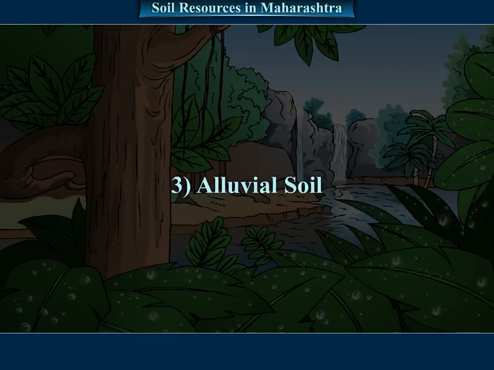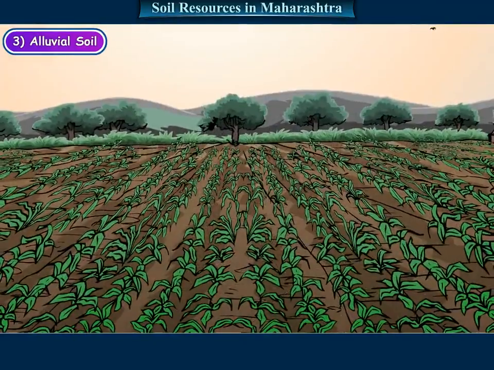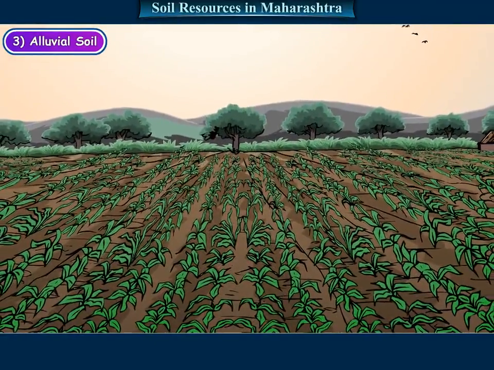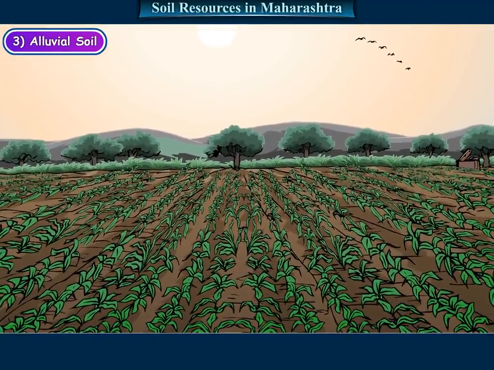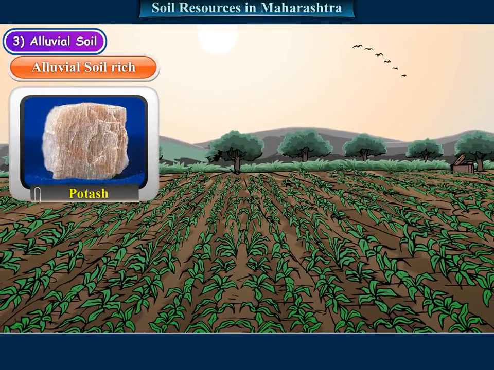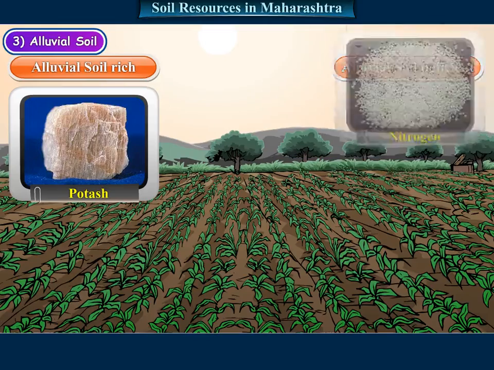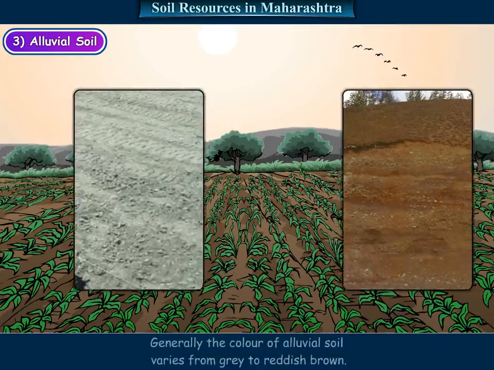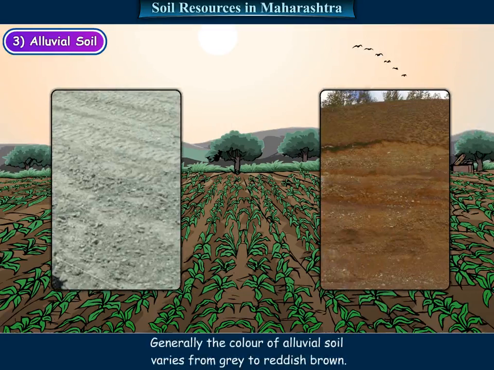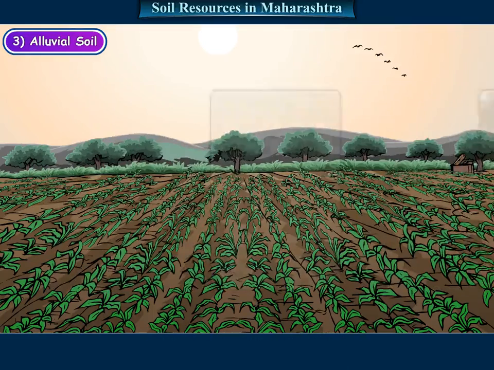3. Alluvial soil. Alluvial soil is the most important soil type, as it is the most fertile soil. It is rich in potash but deficient in nitrogen and organic matter. Generally, the color of alluvial soil varies from grey to reddish brown.